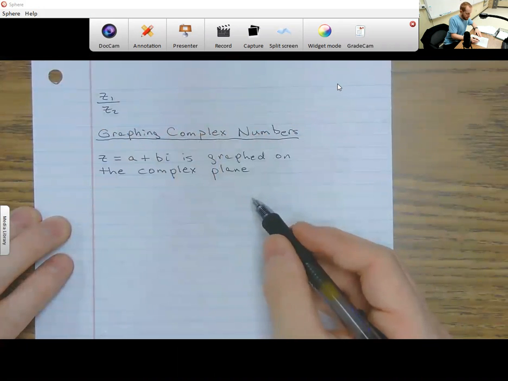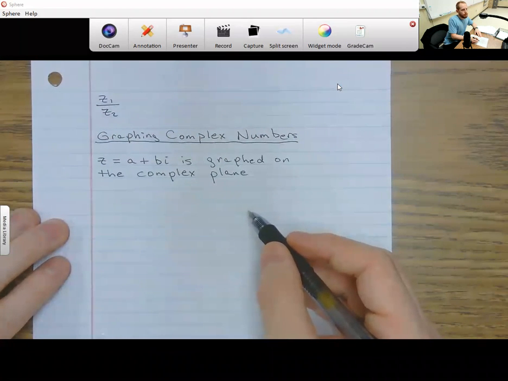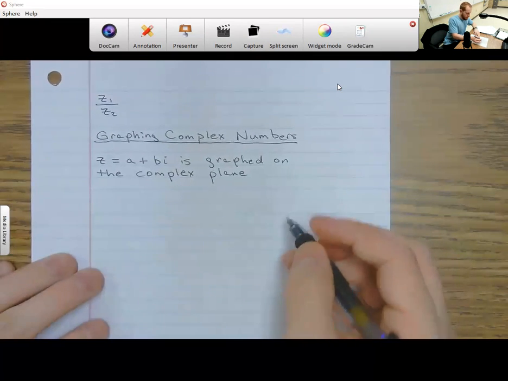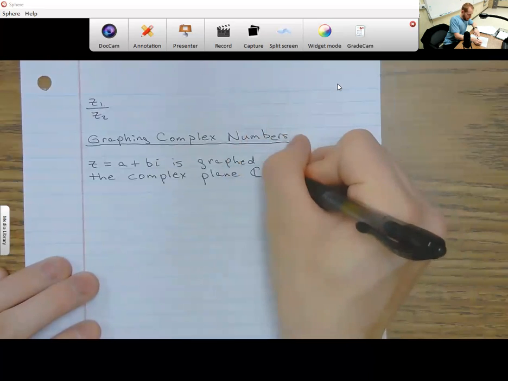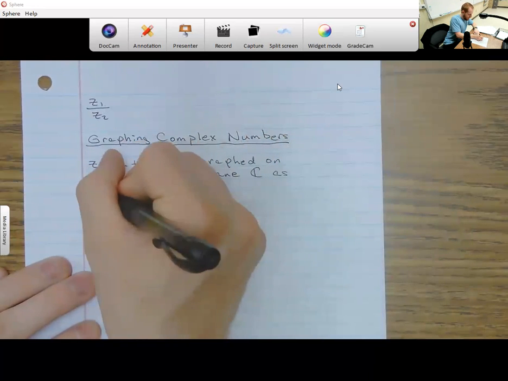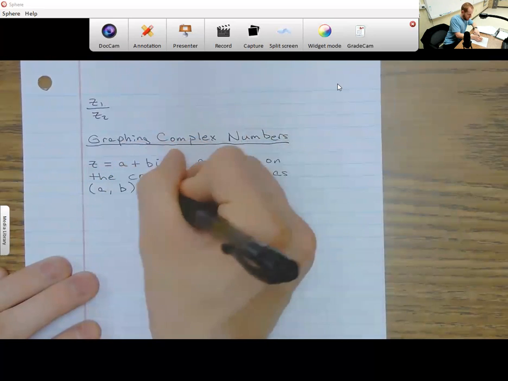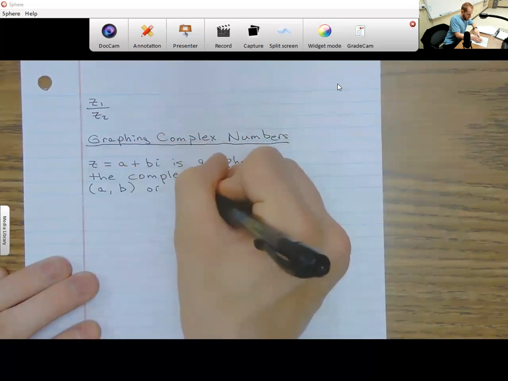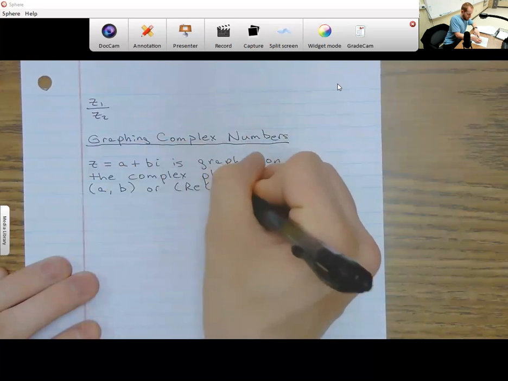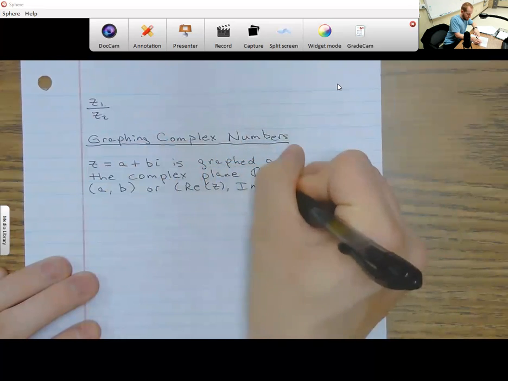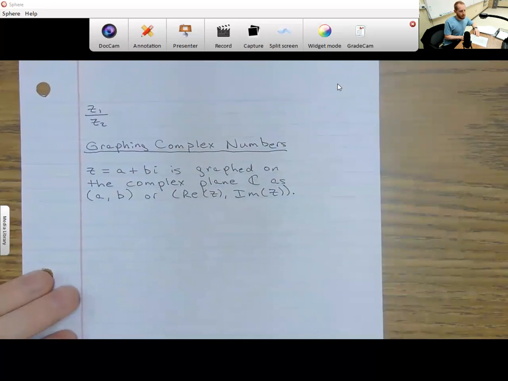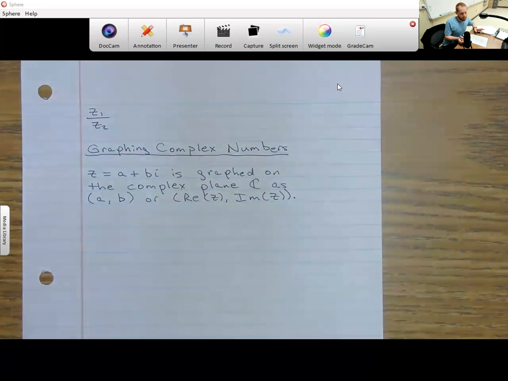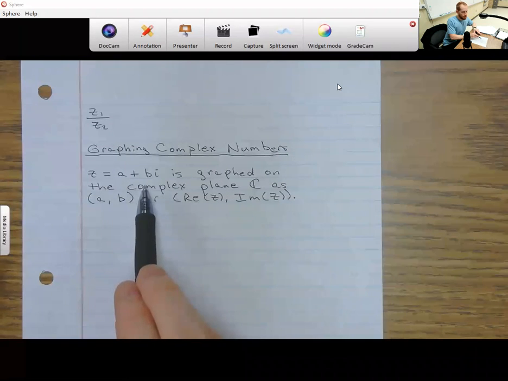But the complex plane is symbolized as a capital C. We can graph them as the point (a, b), or the real part of z and the imaginary part of z. Okay, so basically what this means is I give you a complex number a plus bi, and the real part is going to be a, and the imaginary part is going to be b.